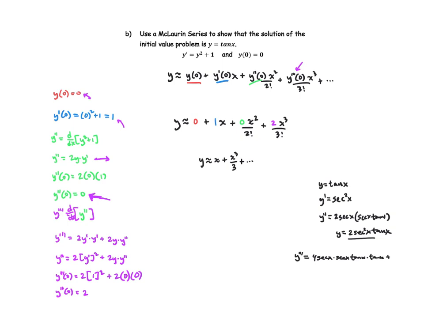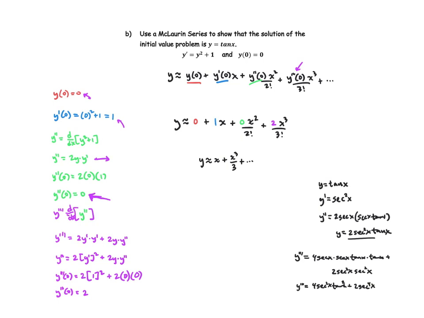Now I'm going to add the derivative of the second times 2 secant squared x. So I leave the first alone, and now I'm going to multiply by the derivative of tan x, which is, of course, secant squared. So there is y triple prime. Let's rewrite it, clean it up a little bit. That's going to be 4 secant squared x tangent squared x plus 2 secant to the 4th x.